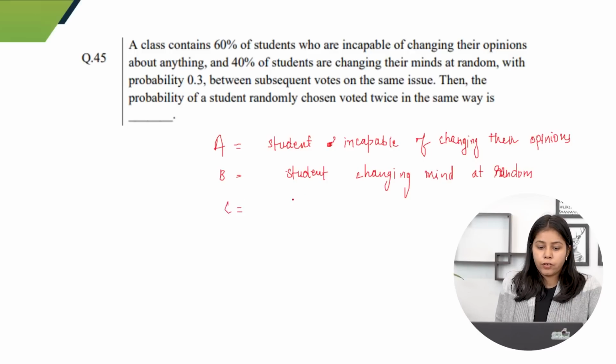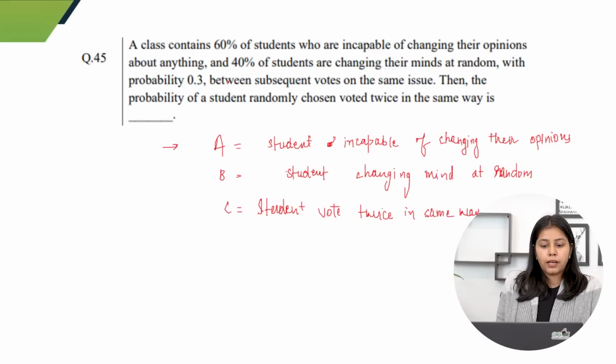And let's say C would be that a student votes twice in the same way, right? So I can see that 60% of students are incapable of changing their minds. That means probability of A would be 0.6, and probability of B would be 0.4, because those students are changing their mind. We have to find the probability of C.